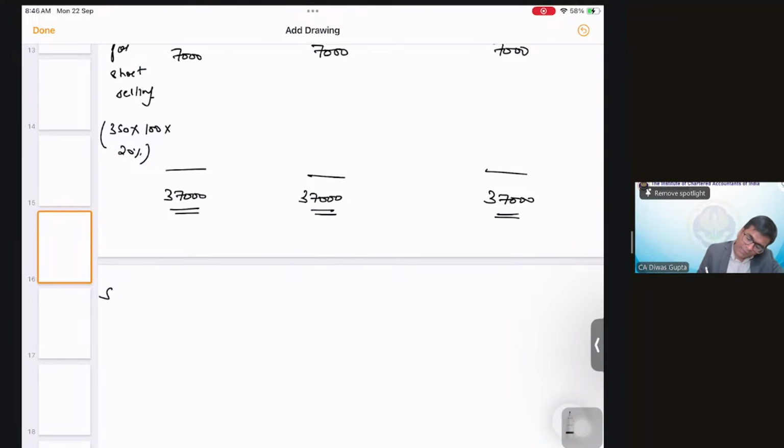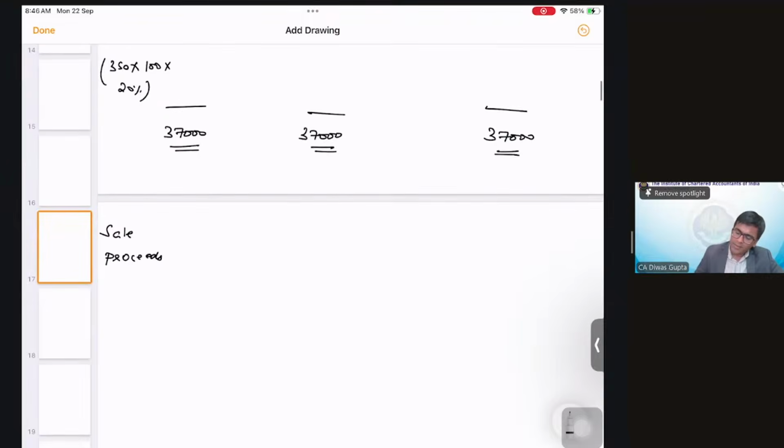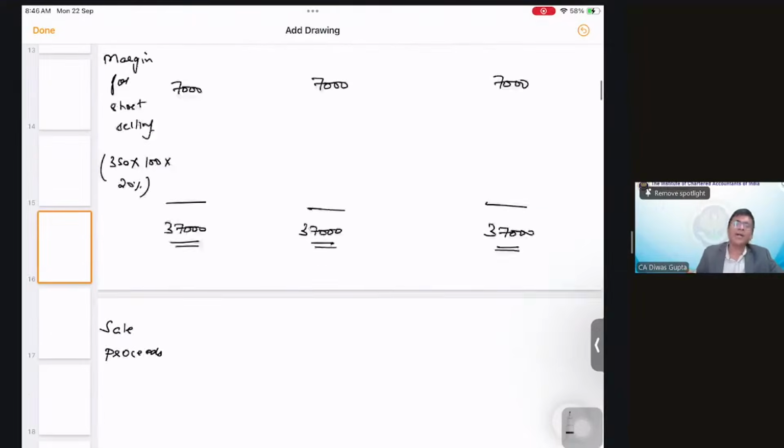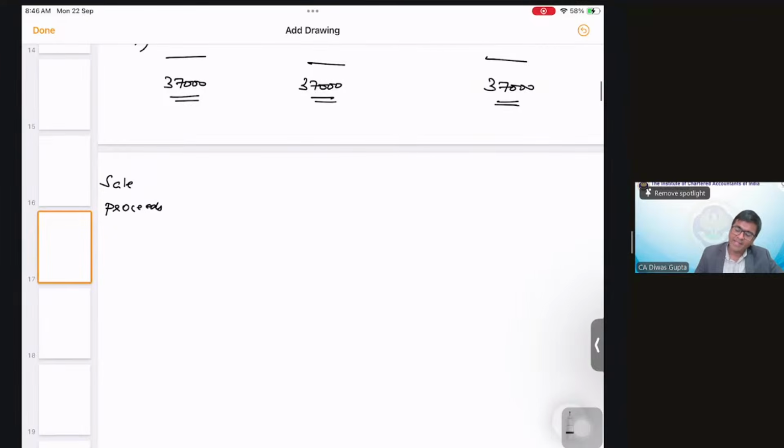Then about the sale proceeds. The sale happens on the basis of the closing price. If the price becomes 300, it is 100 into 300, which is 30,000. In case 2, it is 100 into 350, the per unit price of 350, so 35,000.